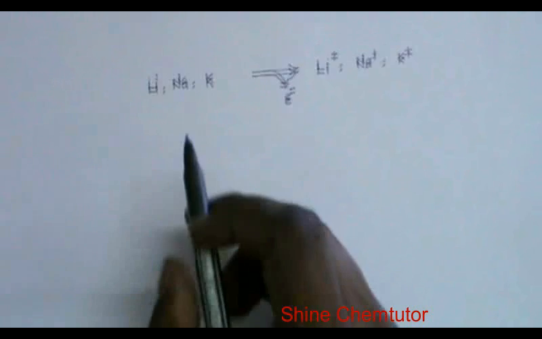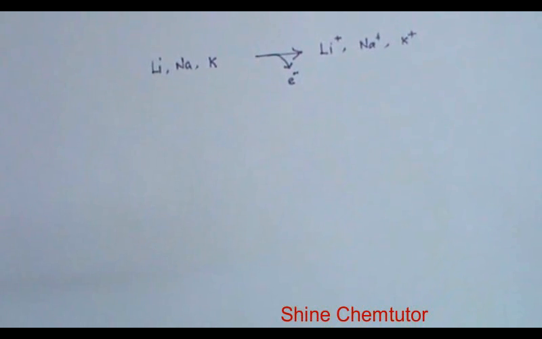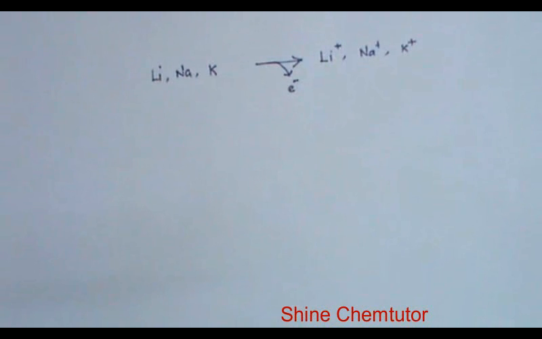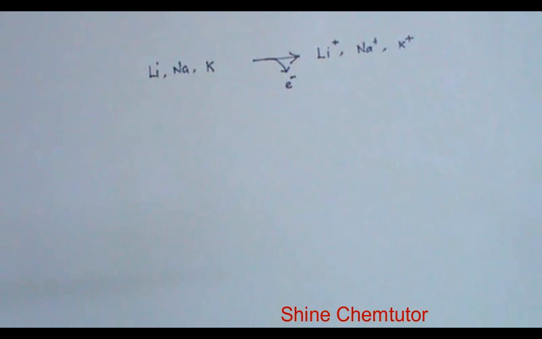The reason: when it loses 1 electron, it gets a more stable electronic configuration. In the outermost shell of lithium, there will be 1 electron, 1s2, 2s1. By losing the 1 electron, it becomes more stable. That is the driving force behind this.